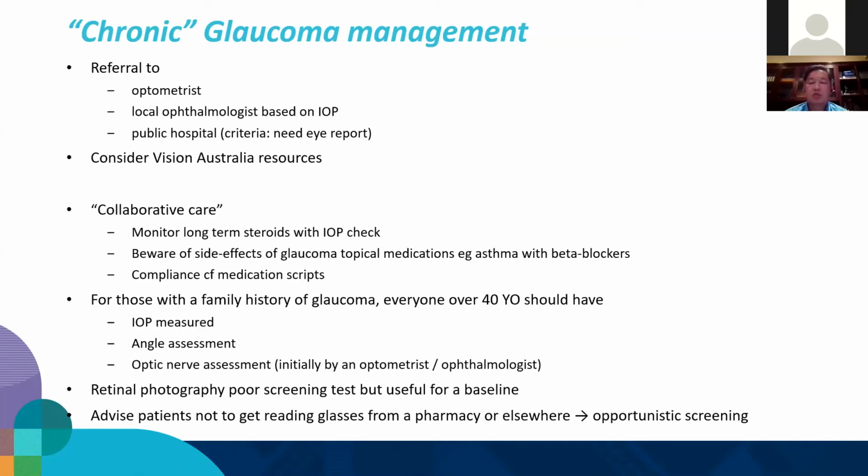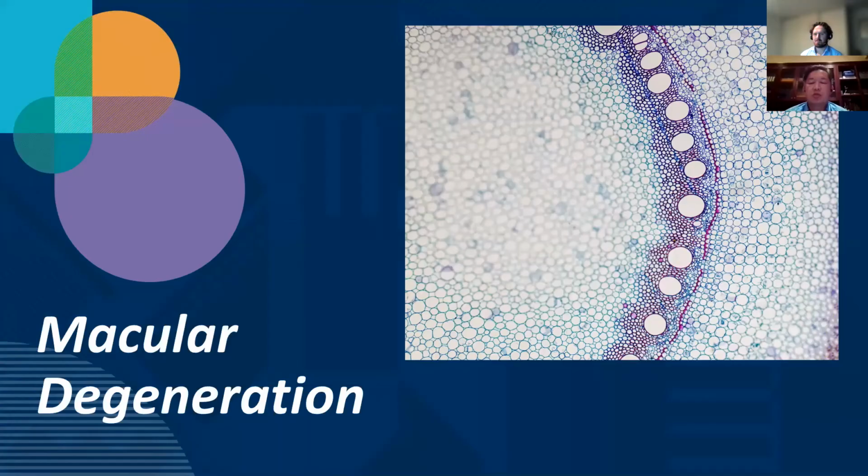And so-called sort of opportunistic screening, because unfortunately a lot of eye diseases can present quite late when the vision is affected. By that time, sort of the horse has already bolted.